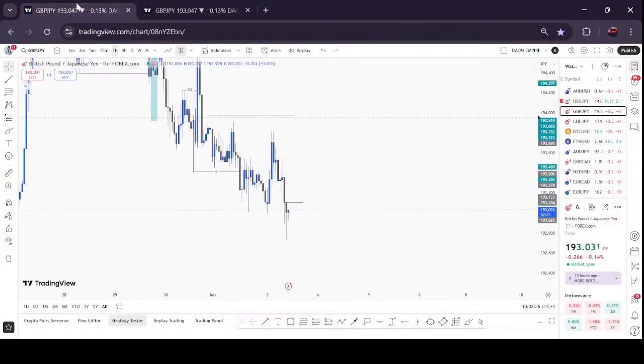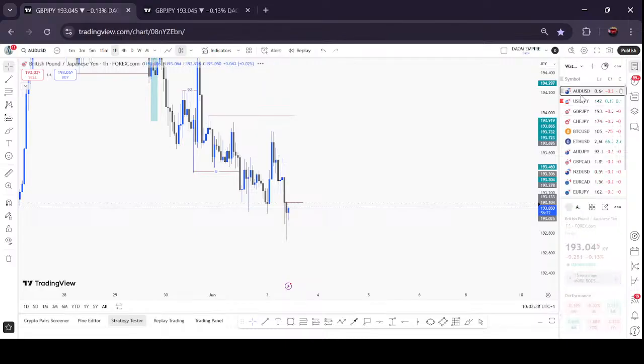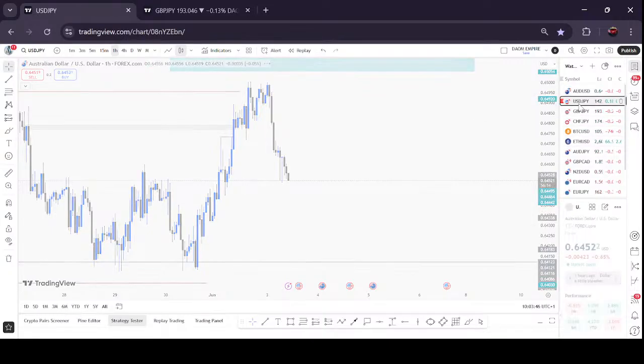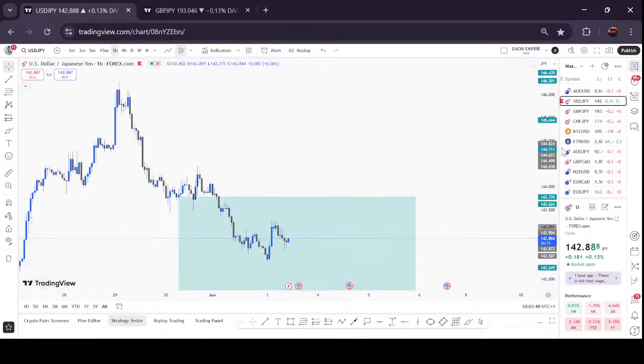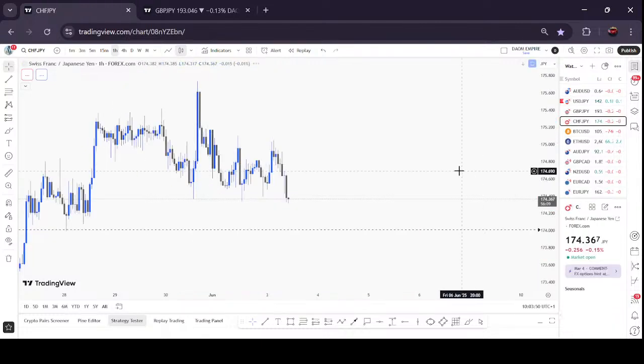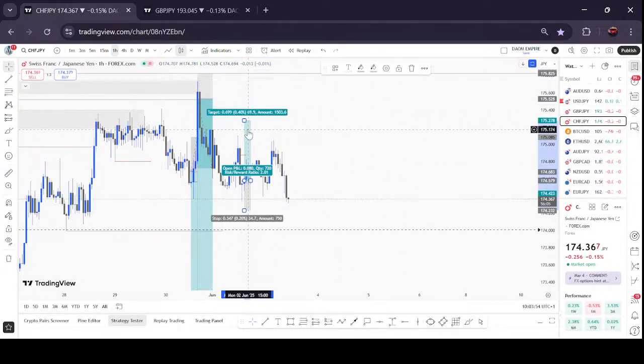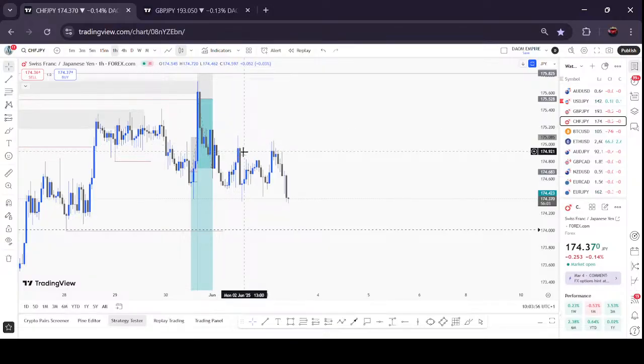I want to look at another pair. So what's going on with AUD USD? Okay, what's going on with USD JPY, CHF JPY? This was the trade Jeffrey Benson called yesterday.